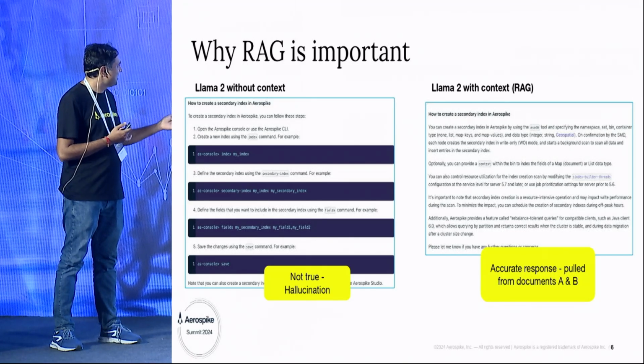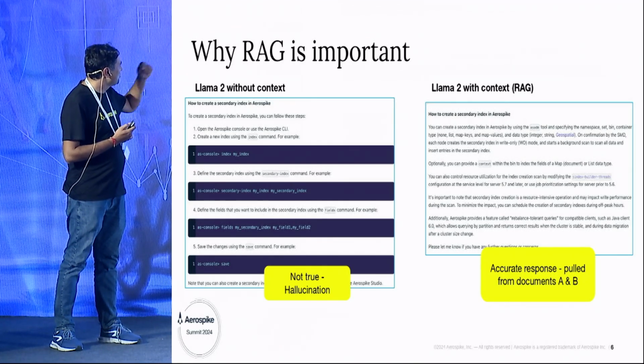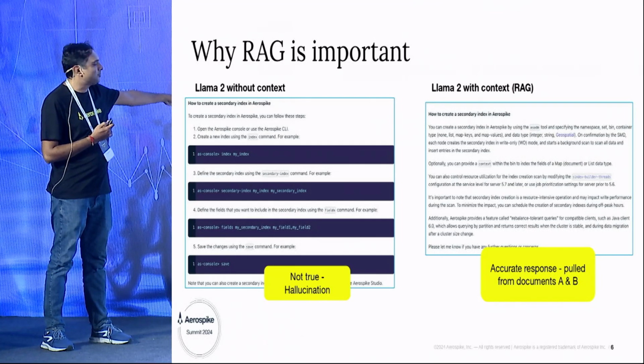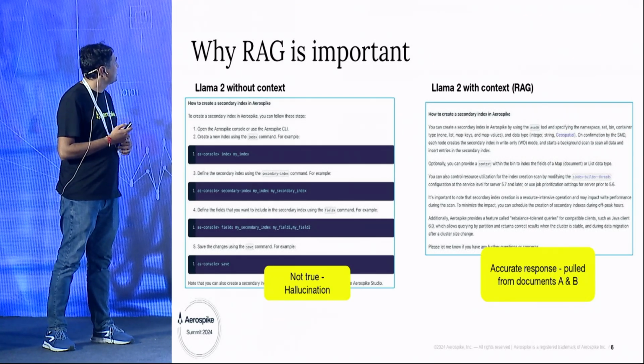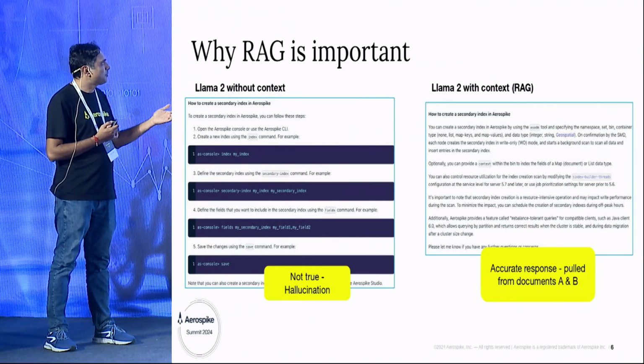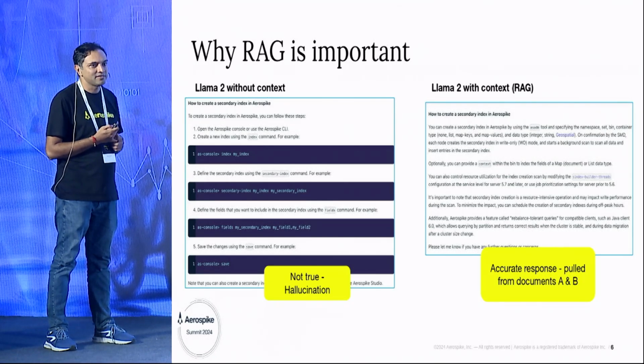In this particular case, the LLM has hallucinated, and for those of us who are familiar with Aerospike, you'll know that the last step is not correct. That's not what is required to be done when you create a secondary index. That's something which the LLM has actually hallucinated. With the same prompt, if we had done some amount of prompt engineering, we get better and more relevant results.